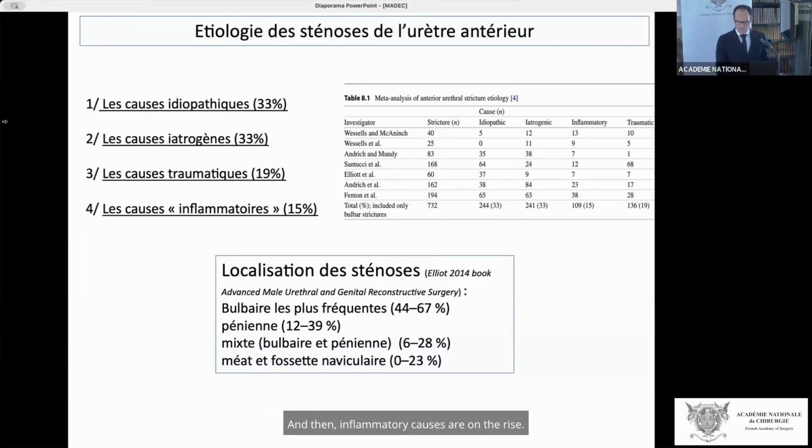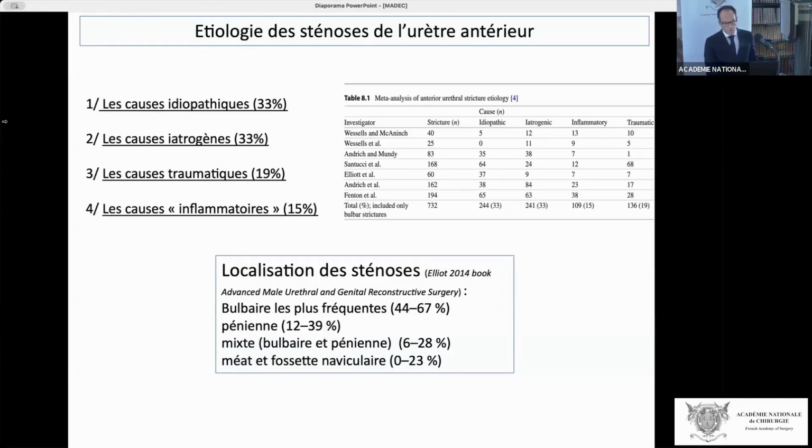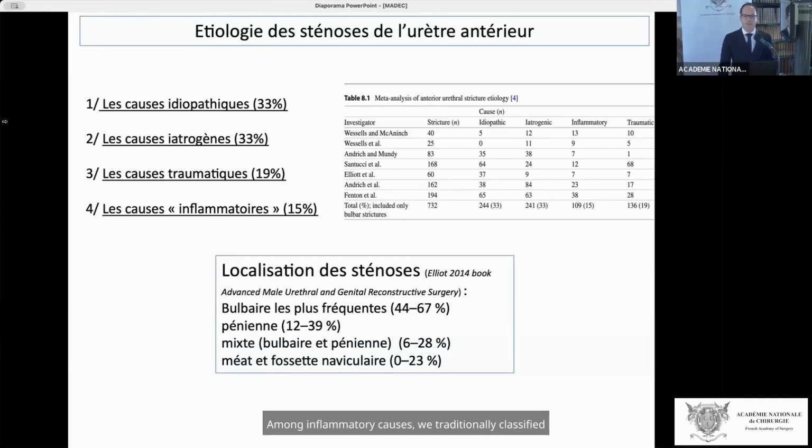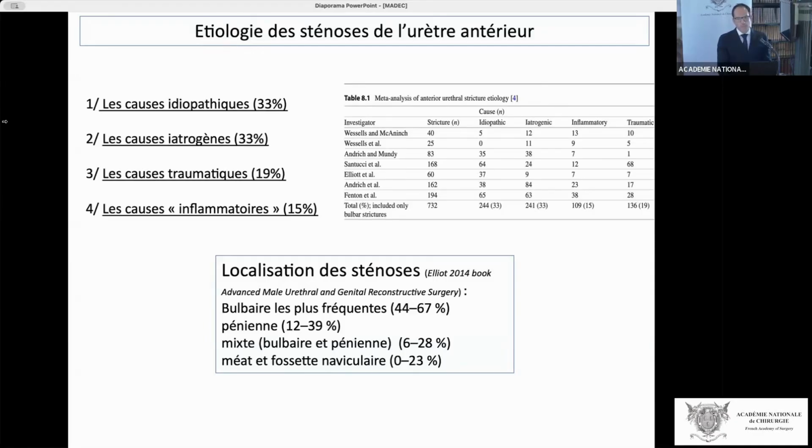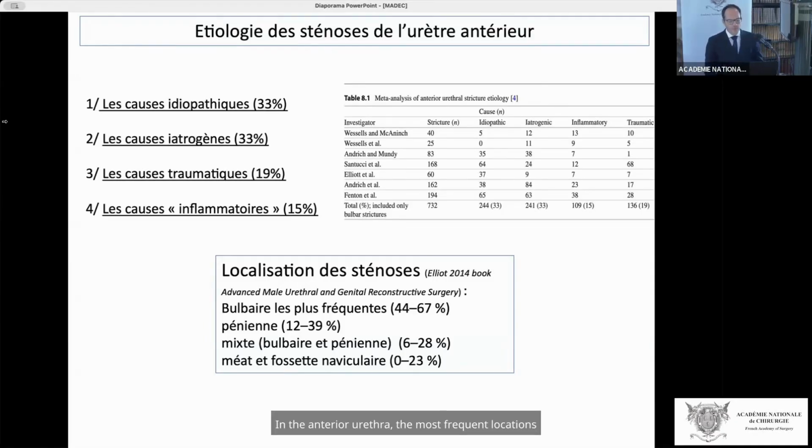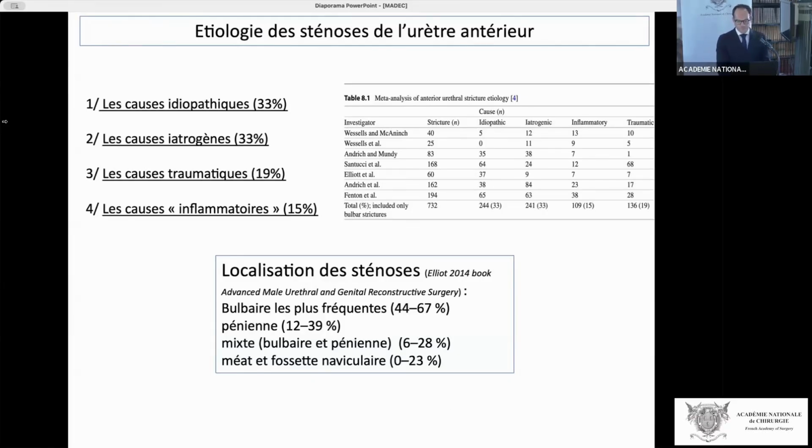And then inflammatory causes are on the rise. Among inflammatory causes, we traditionally classified infectious causes like gonococcal infections and STIs, which have drastically decreased. But on the other hand, what's increasing is lichen, specifically lichen sclerosus, with a significant rise of lichen sclerosus in the population. In the anterior urethra, the most frequent locations are in the bulbar region, followed by the penile area and the meatus.